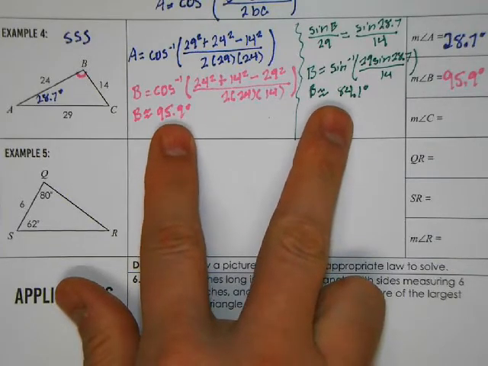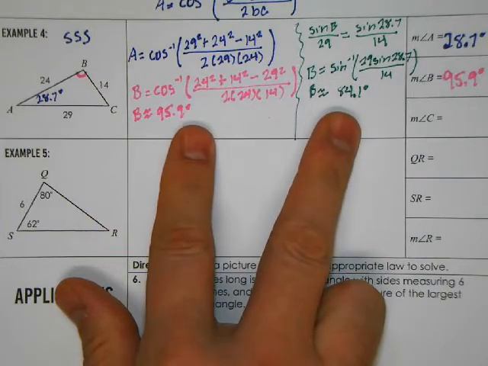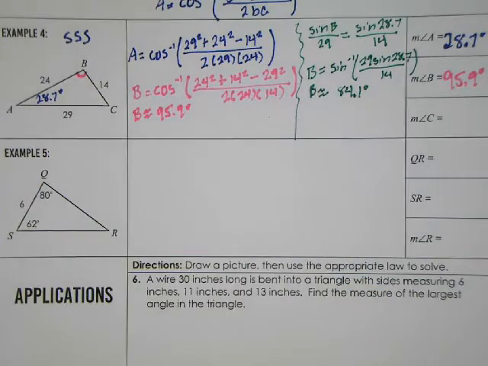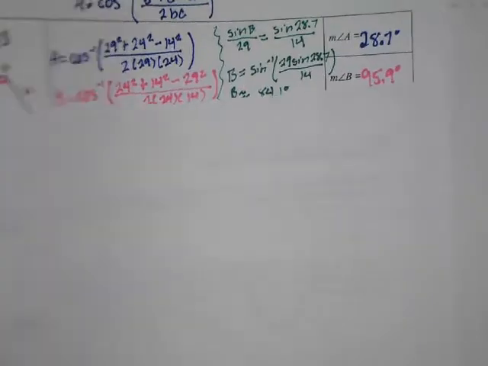It could be either of these, depending on what you're doing. And let me just illustrate what's happening here. Okay, let me grab a sheet of scratch paper here so it'll be clear. All right.